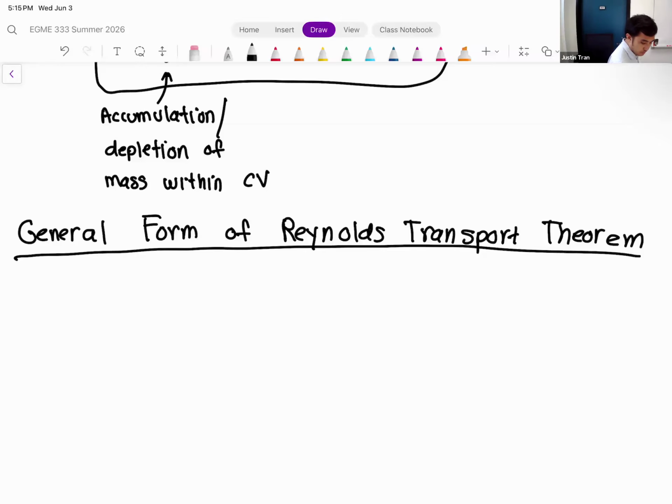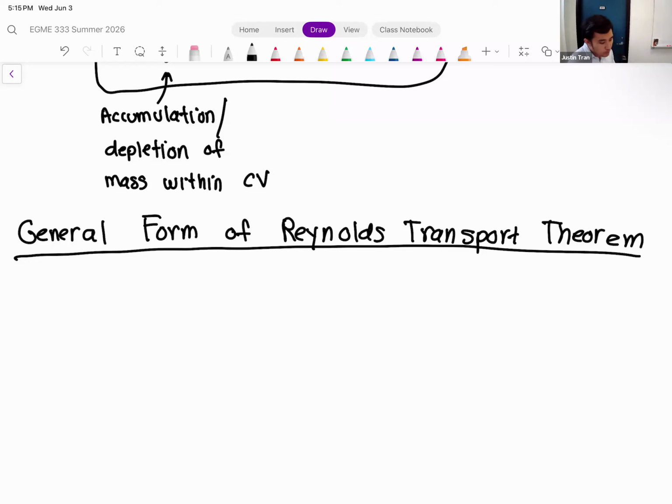The previous form of Reynolds transport that we just discussed is good if you have a single inlet and a single outlet. In general, you could have multiple inlets and multiple outlets, and so we need a more general form for Reynolds transport.